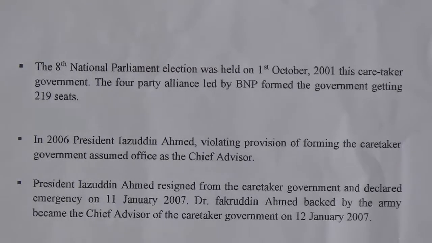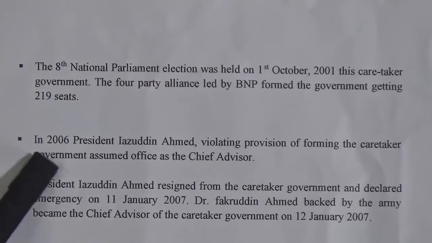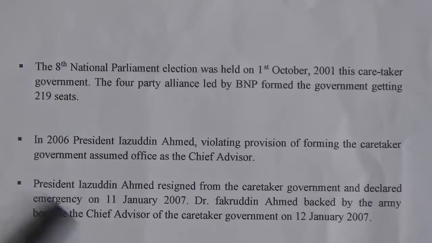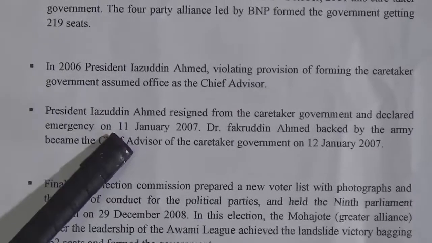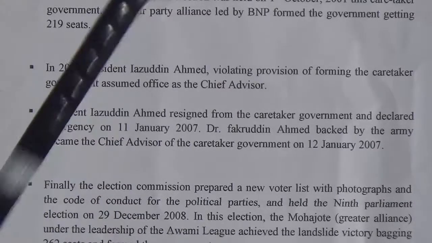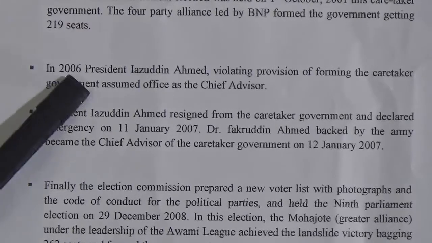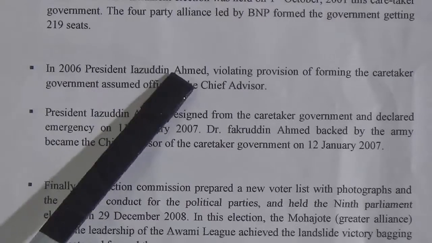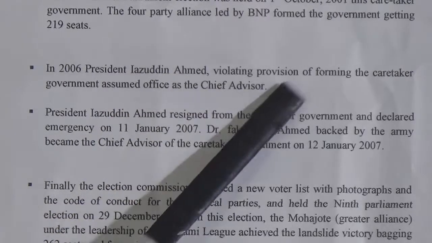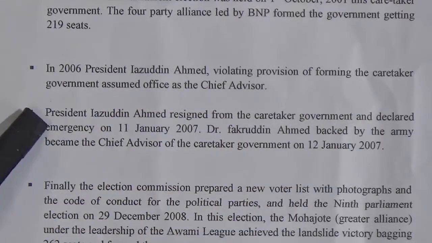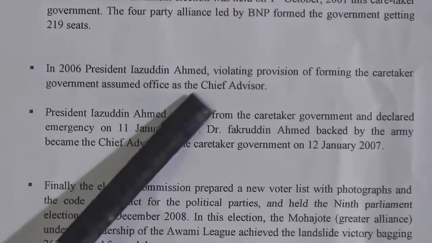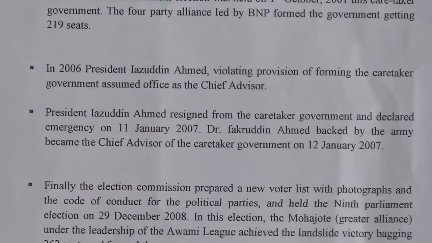the BNP came into power, and after their term of 5 years, in 2006 there was some crisis of forming the caretaker government, and then in 2006 President Yazuddin Ahmed, violating provision of forming the caretaker government, assumed office as the chief advisor.